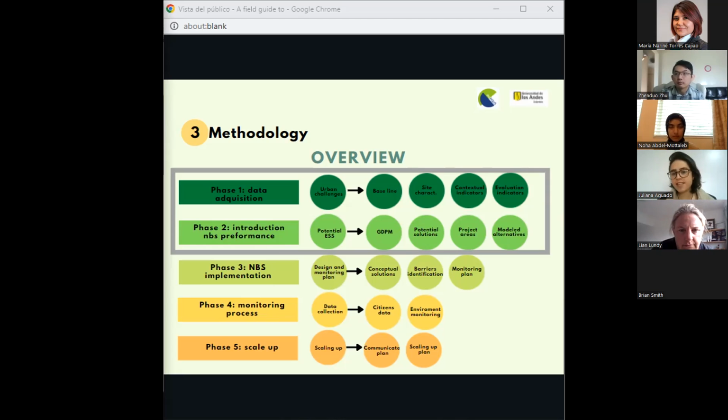In the third phase, there is the design and the selection of NBS, and also the monitoring plan. In the fourth phase, starts the data collection by citizens monitoring and also environment monitoring. And the fifth phase is the scaling up process.